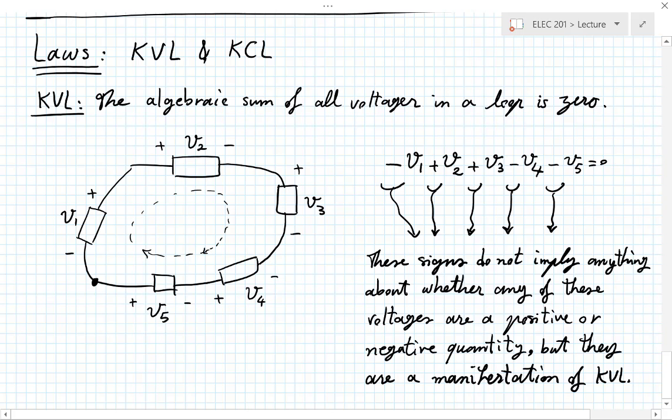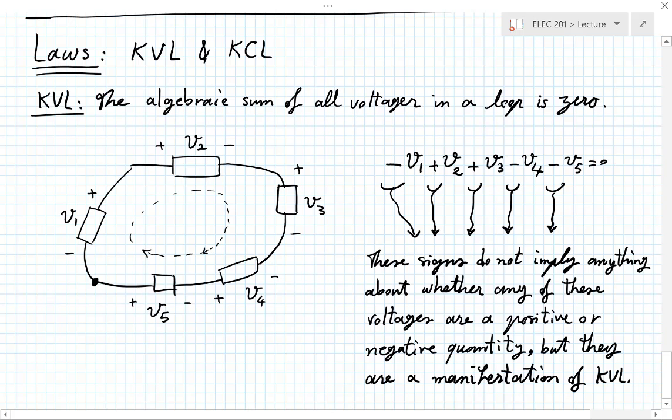But that's purely my preference. You might prefer the reverse. You might say, oh, no, I prefer if I see an element going from the minus to plus side, I will include it with a plus sign. And if I see an element whose plus side I encounter first, I'll include a negative.